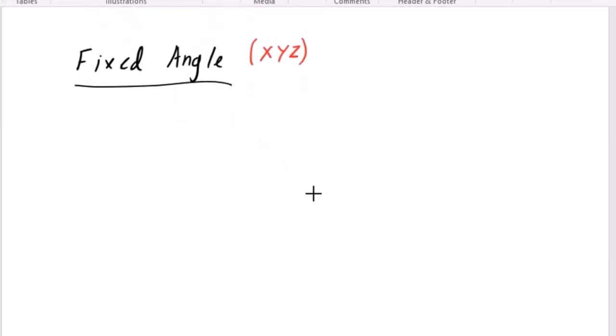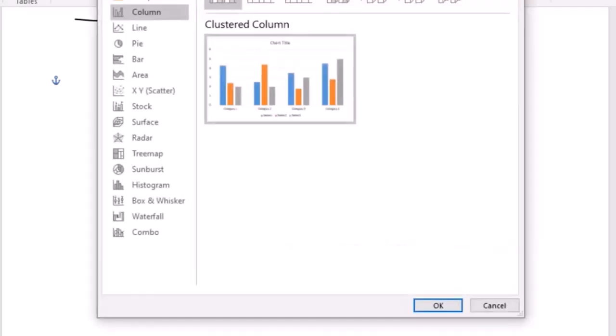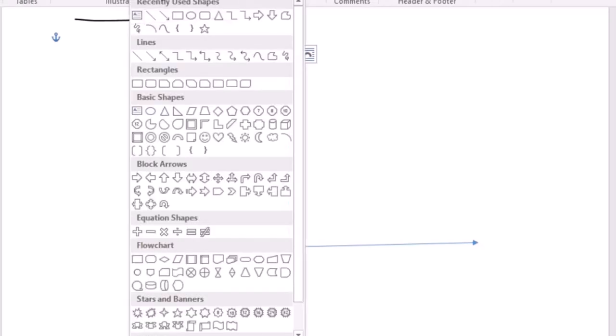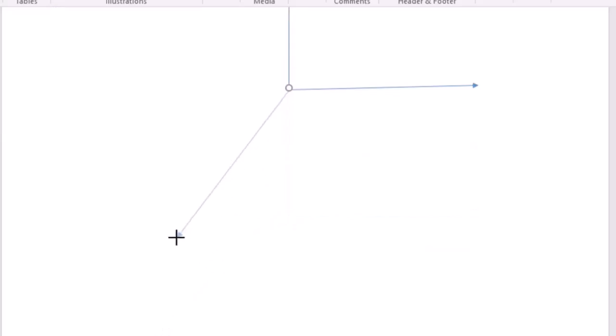Watch carefully the difference between Euler and the fixed. So this is the reference frame YA, and this is the reference frame ZA, and this is the reference frame XA.